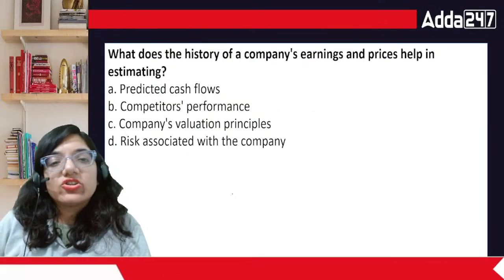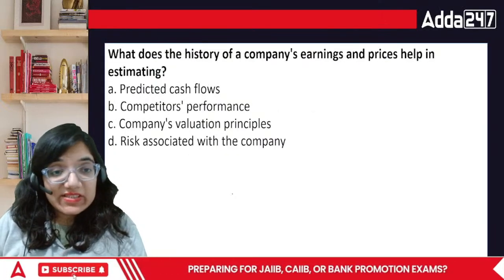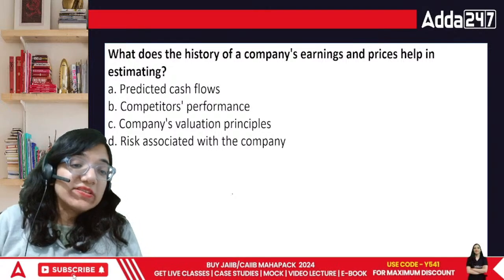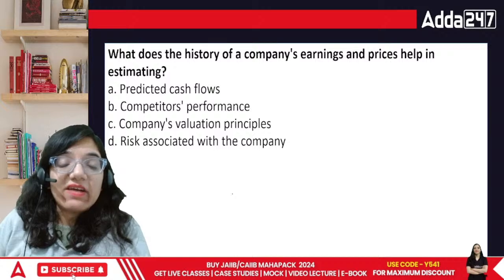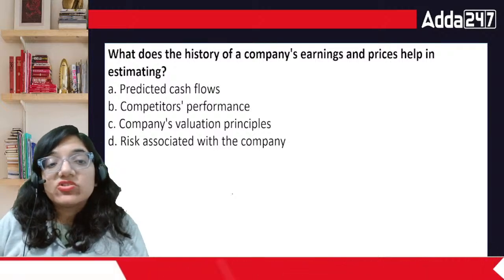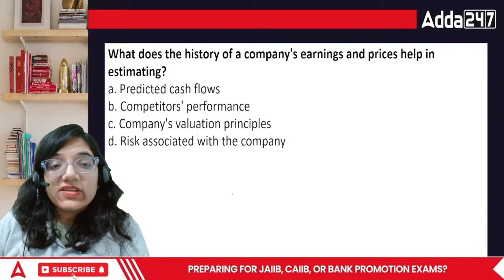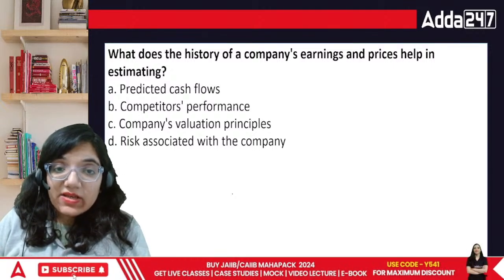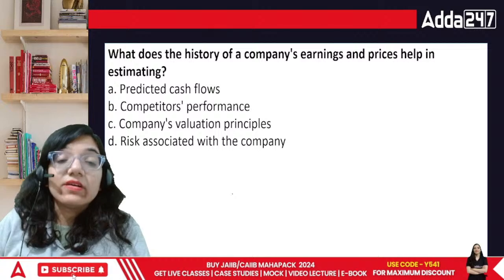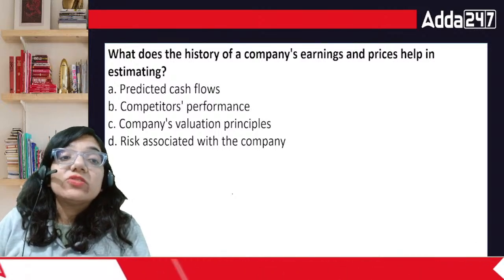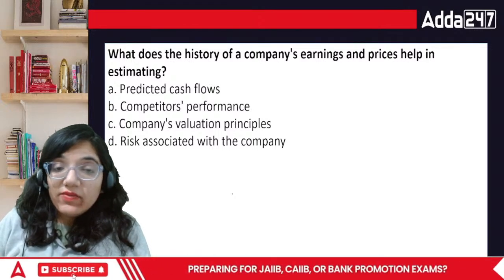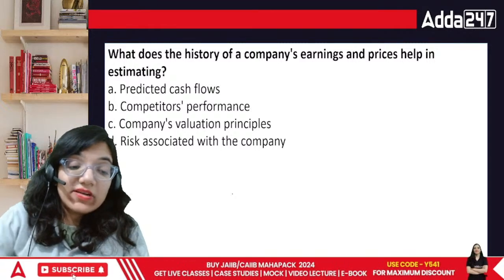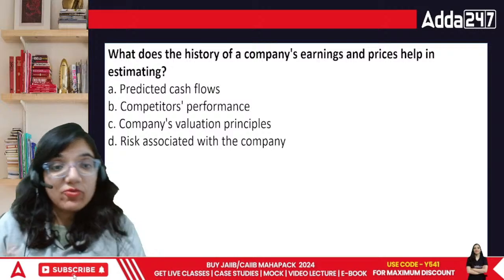What does the history of the company earnings and prices help in estimating? Predicted cash flows, competitors' performance, company's valuation principles, or risk associated with the company. What is the history of a company's earnings? See, if a particular company has a specific history, and a very reputed history, then you come to know that this organization is a strong organization which has been working in this field for quite a long time.